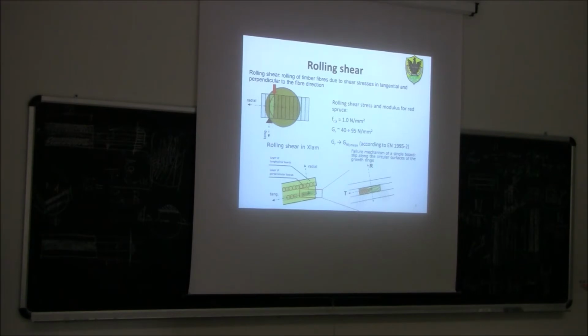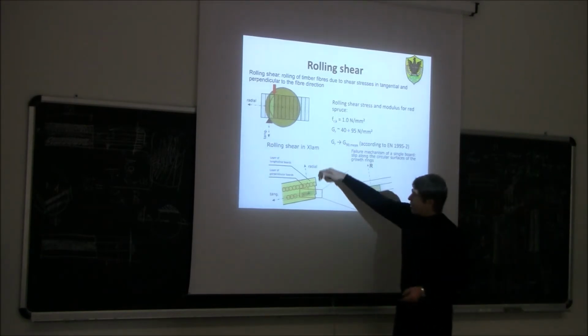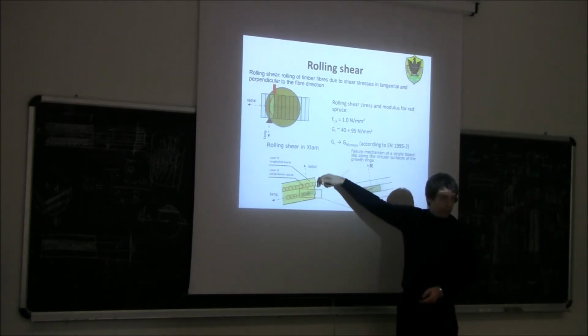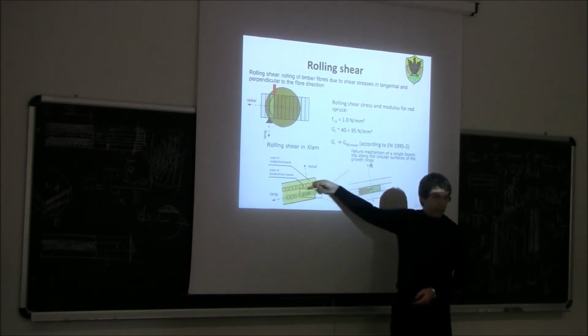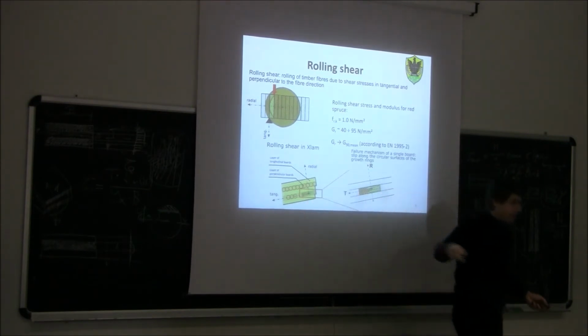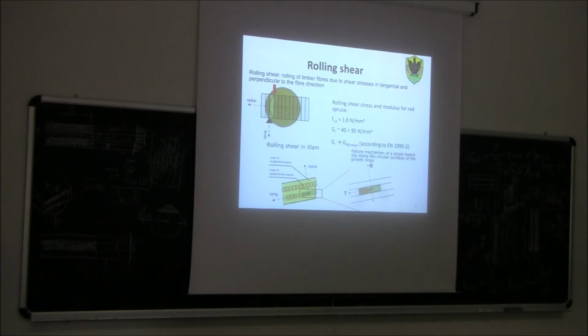First of all, we need to keep in mind that if we have shear stresses in the cross-section, we have also shear stresses in this direction, because if you remember, there is this property called reciprocity of the tangential stresses that comes from the fact that the Cauchy tensor is symmetric with respect to the diagonal, meaning that tau zx is equal to tau xz, or tau zy is equal to tau yz.